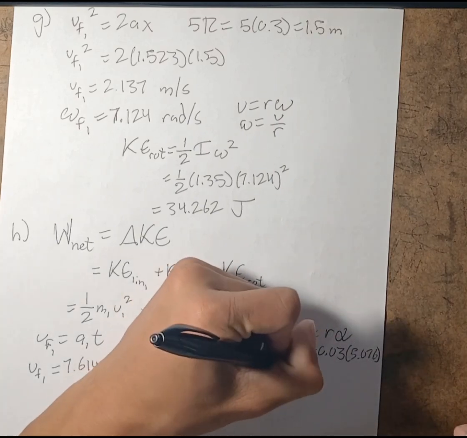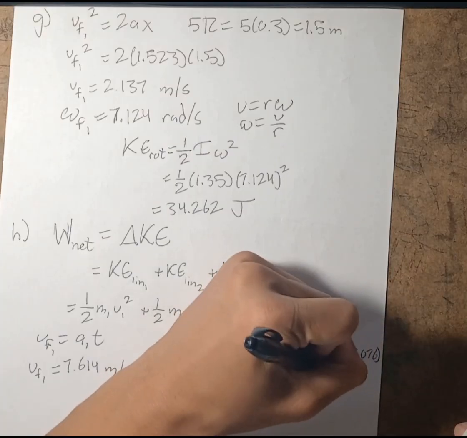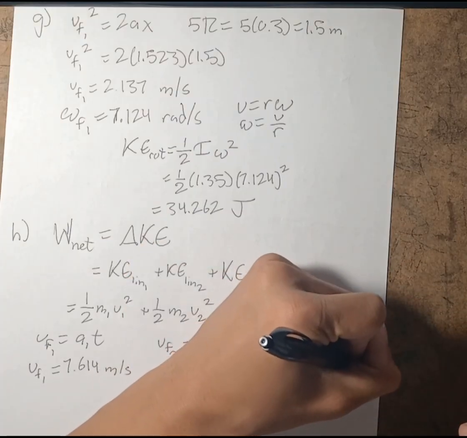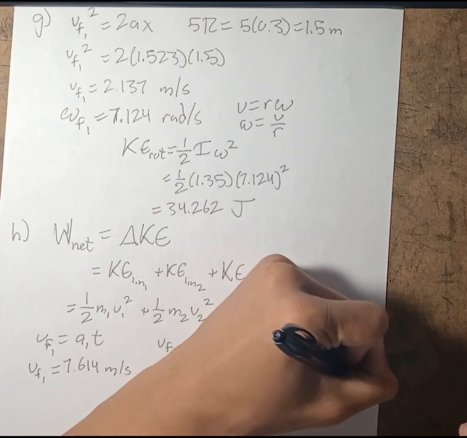So A2 equals 0.152 meters per second squared.